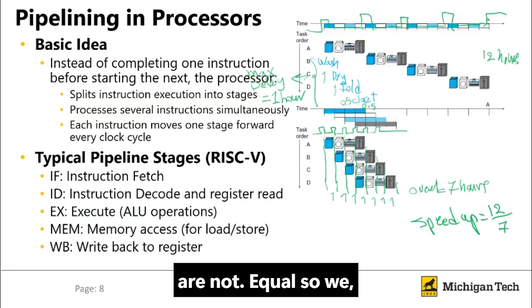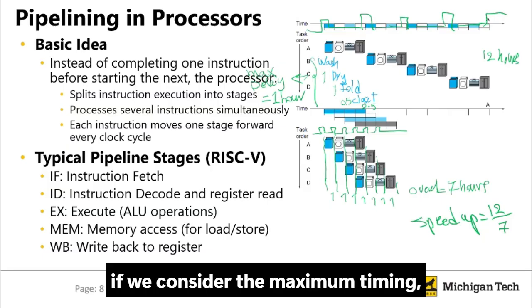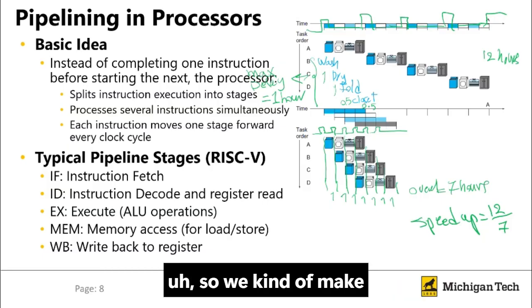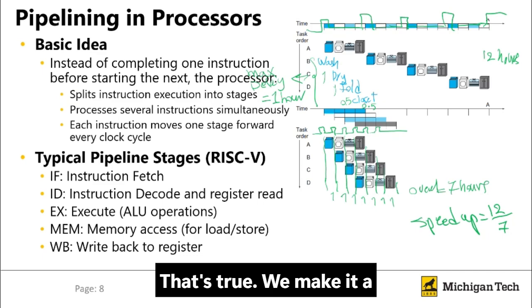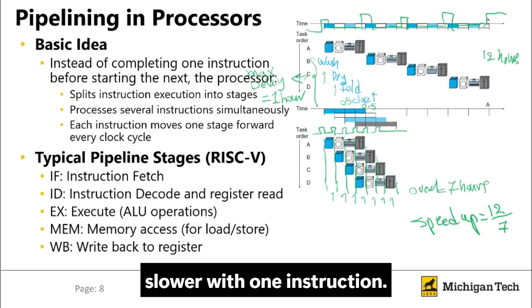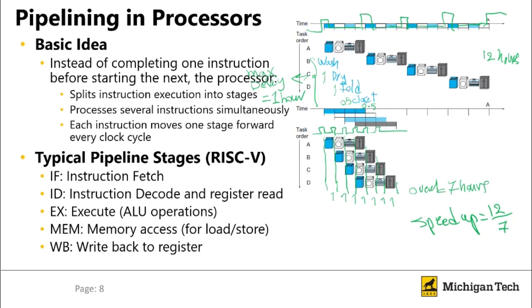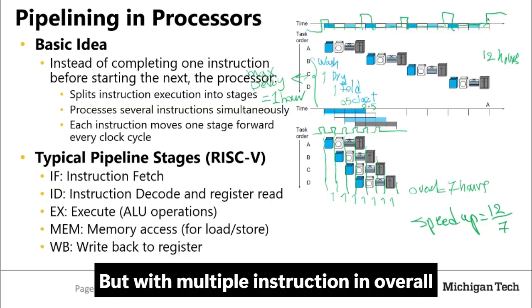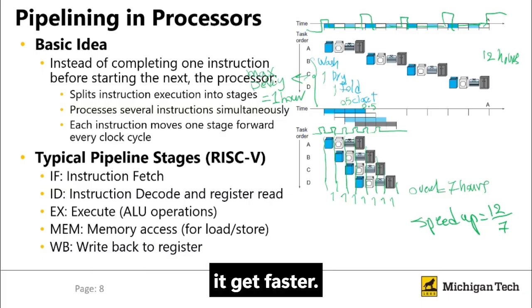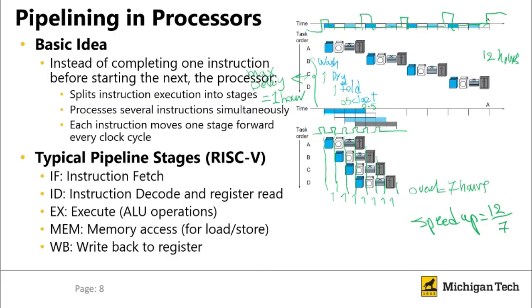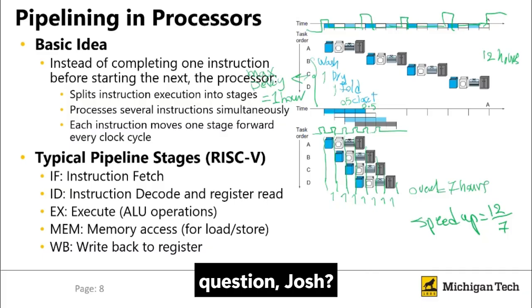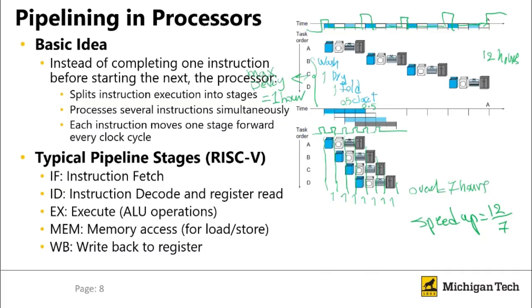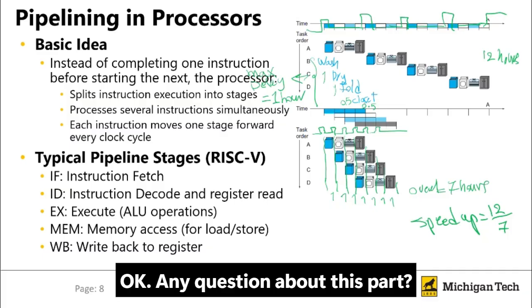They are not equal. So if we consider the maximum timing, we make it slower for one instruction. That's true. We make it slower with one instruction, but with multiple instructions overall, it gets faster. Any question? Do you have a question, Josh? Okay. Any question about this part?